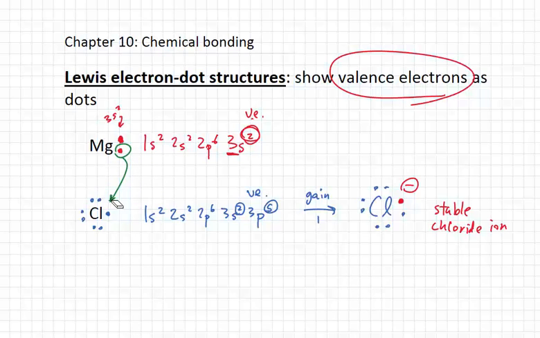Would doing this make that magnesium stable? Not quite, because it gave away 1 of its electrons to chlorine. What do you suppose it's going to do with that other electron? It's not going to keep it. What do you suppose it would have to give it away to? It would have to give it away to another chlorine, right?